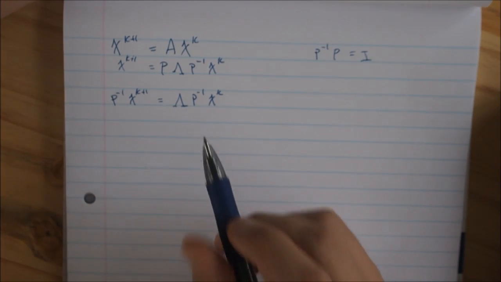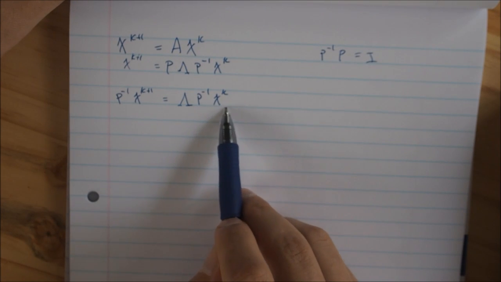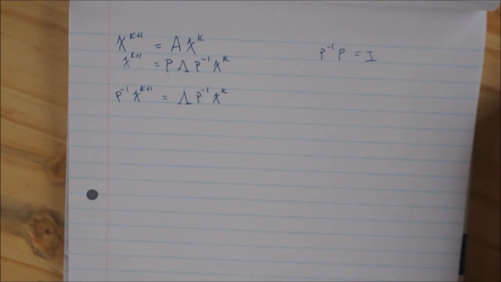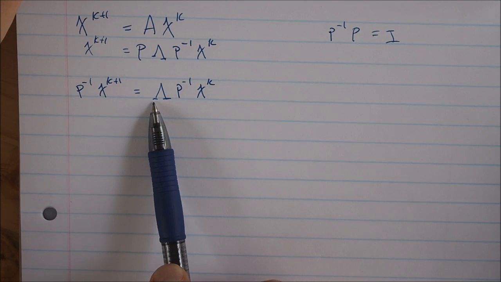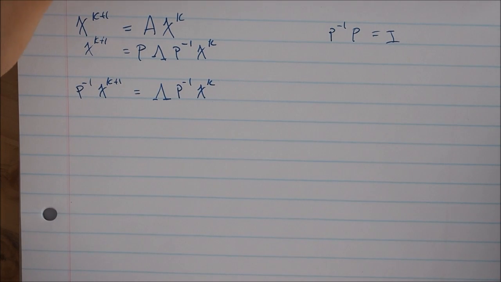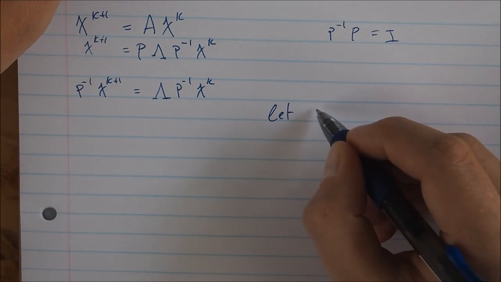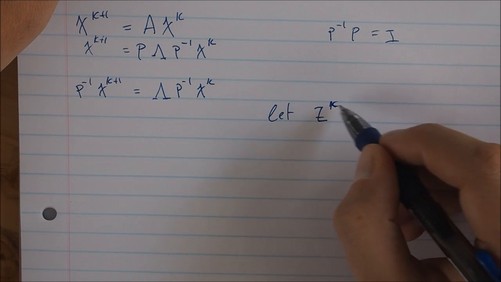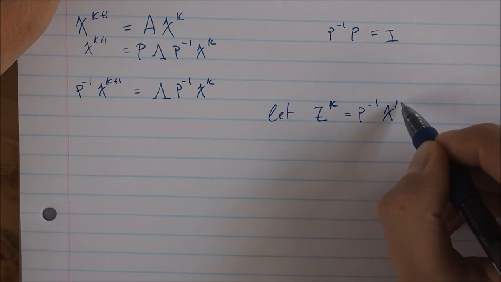Now, if you're looking ahead, you might notice that this here and this here look very similar. So I have P inverse times my unknown solution, and lambda is a diagonal matrix, and this is exactly what we want. So I'm going to say let zk, a new variable, equal P inverse times xk.